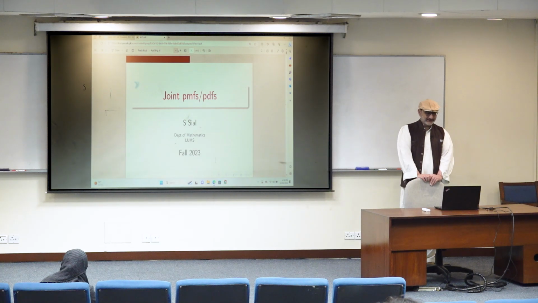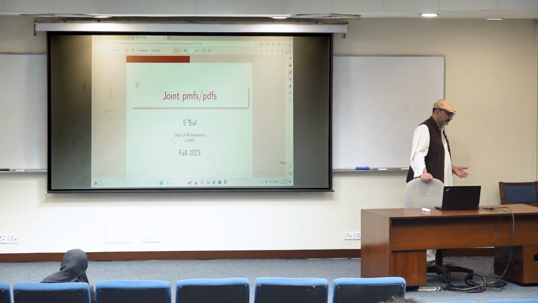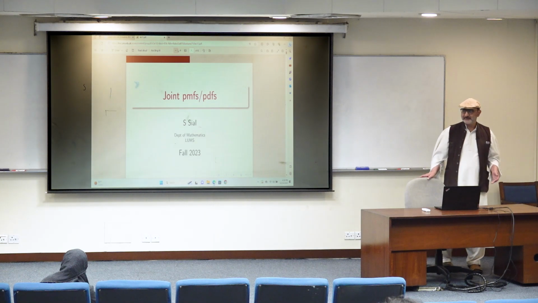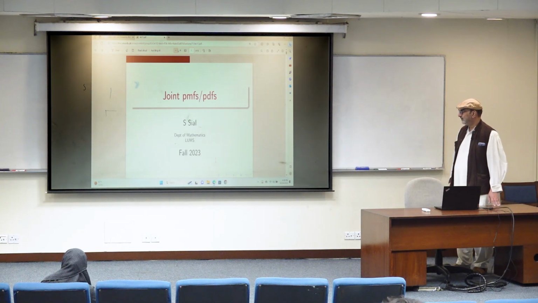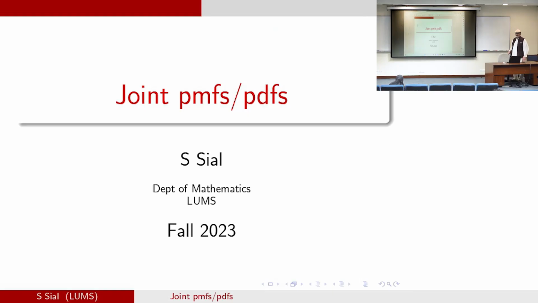So we need to have a machinery that allows us to consider more than one random variable at the same time. So the beginning of that is to develop a theory for joint PMFs and joint PDFs, which would deal with, say, 2 or 3 random variables at the same time, rather than just one.